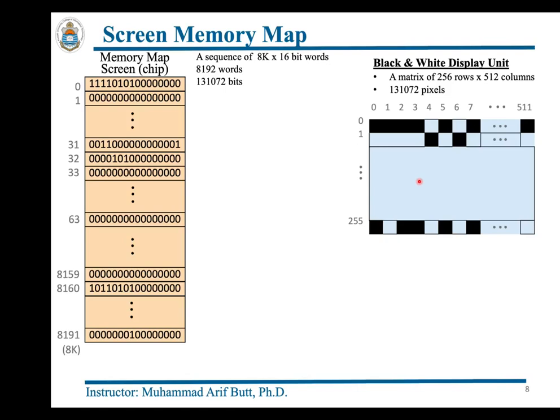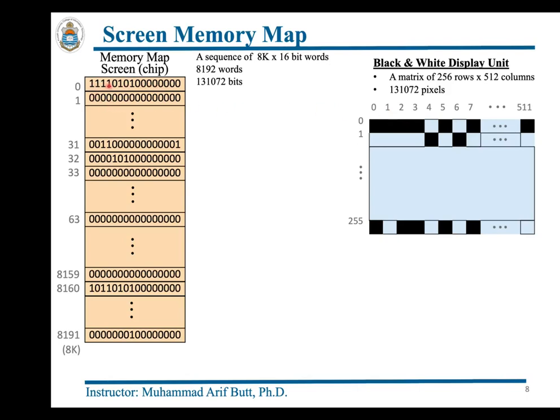For example, if you see the 16 bits of the word at address 0 over here in this memory map, these 16 bits relate to the first 16 pixels of row 0 on the screen.